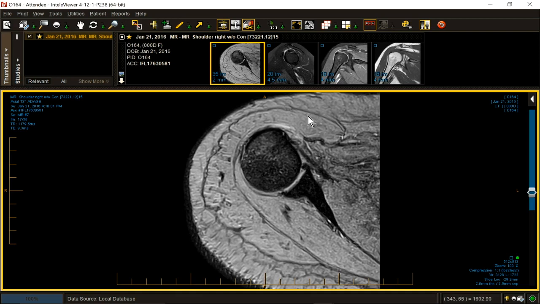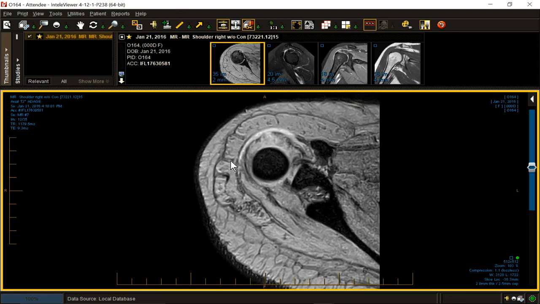So this is more of a case of how I do it, how I say it. The findings are obvious. It's how you describe them that's the challenge. So let's scroll axially.